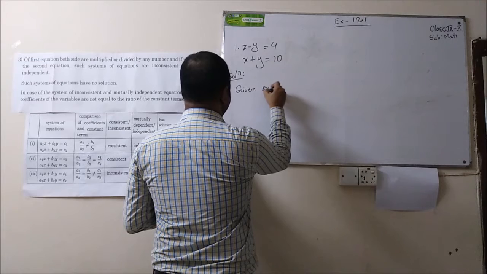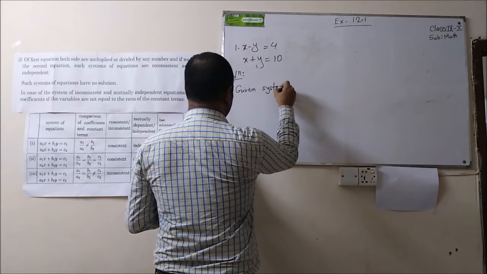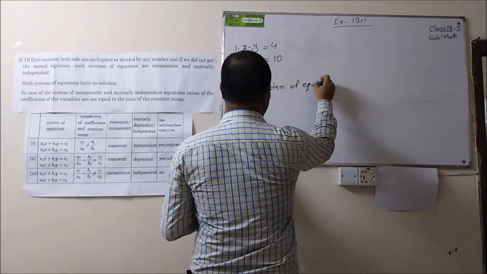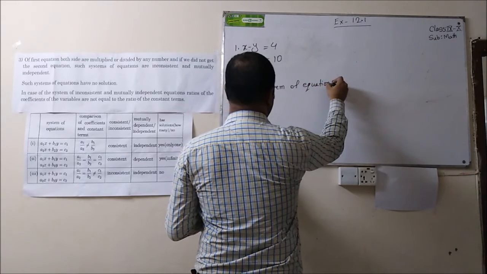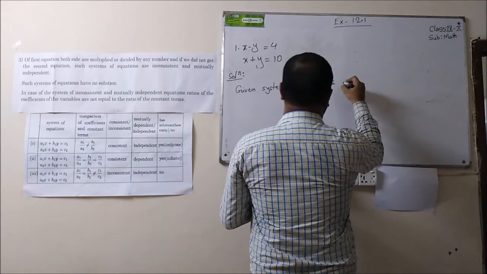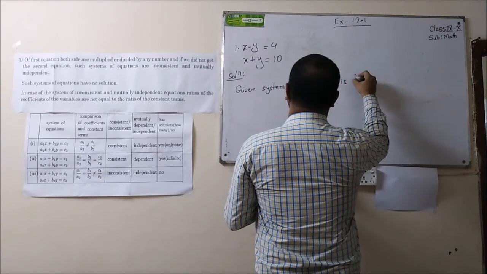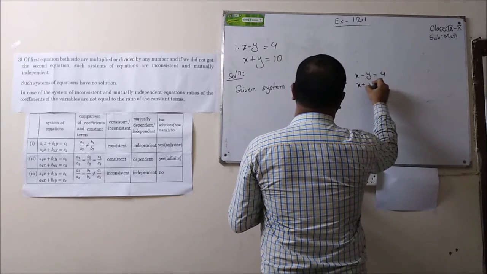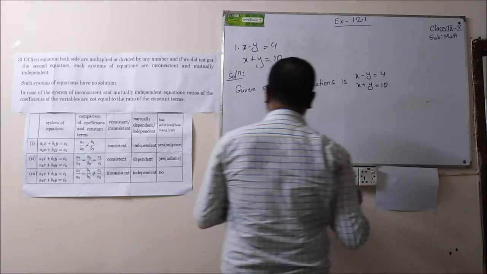The given system of equations is x minus y equals 4, x plus y equals 10.